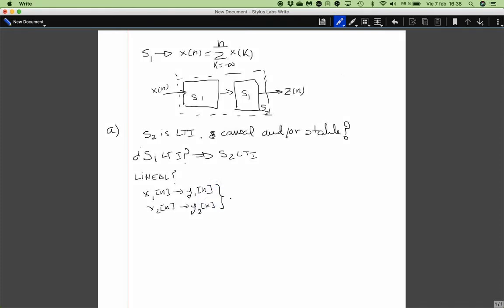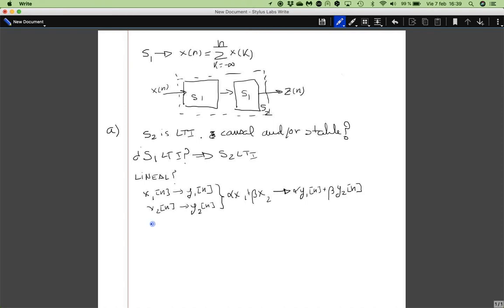So the system is linear if you make a linear combination of those two inputs, x1 and x2, and the output of this linear combination is exactly the linear combination of the outputs: alpha y1[n] plus beta y2[n]. So if I make a combination and I get the same exact linear combination of the output, then the system is linear. So let's go ahead and do that.